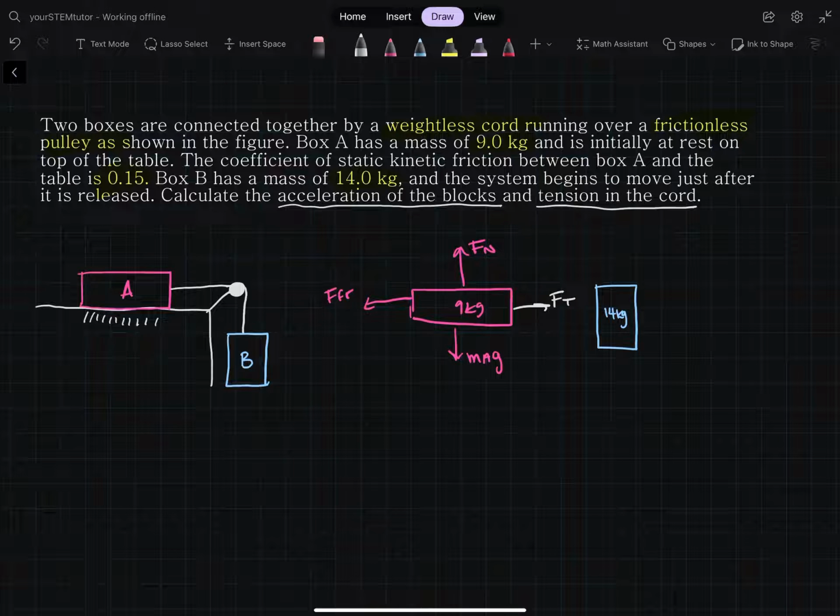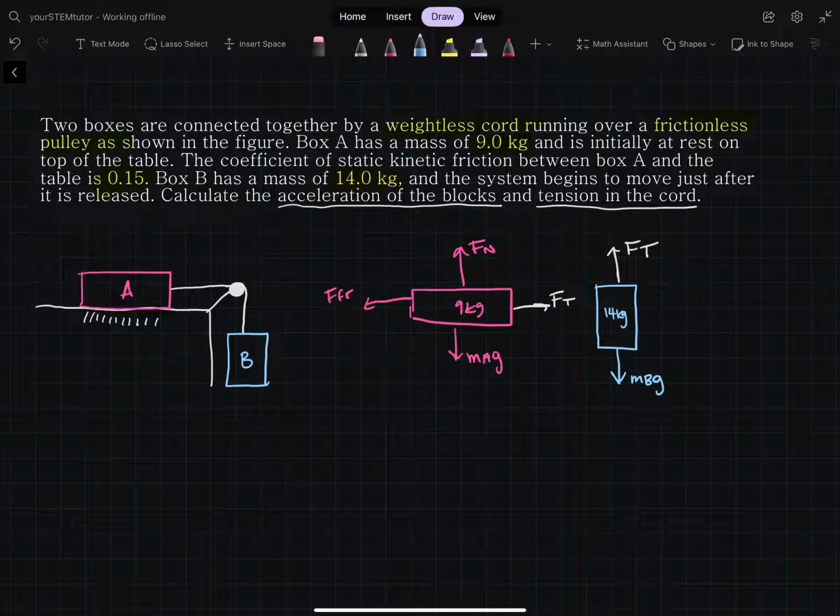The block B, or the blue block, is going to have the force tension upwards, because it is hanging off the side of the table. And then it's going to have its force of gravity downwards, so m_B times gravity here. It doesn't have any normal force because it is not currently sitting on anything. It's just hanging from the cord.